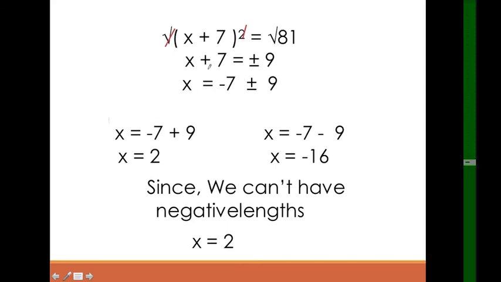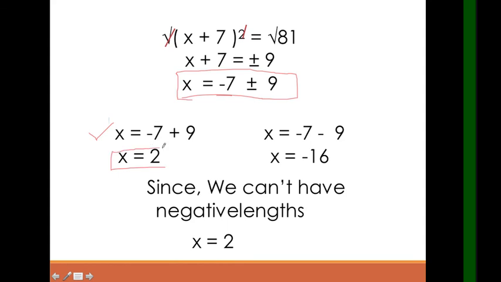So ililipat ko sa 7. Since we transpose number, we change the sign. So we have x equals negative 7 plus positive negative 9. So we will choose on our first equation, we have x equals negative 7 plus 9. So you will add or subtract if they don't have the same sign. So since they don't have, we subtract, copy the sign of the bigger number.